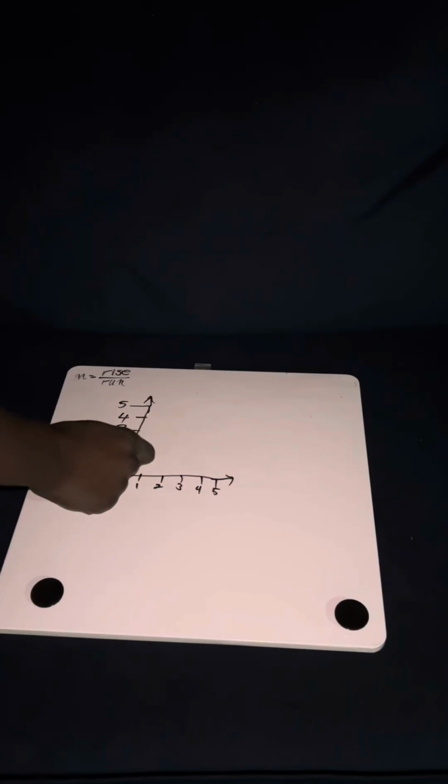So now it's time to learn how to use the slope to graph a line. By doing that, you plot the y-intercept. Let's say the y-intercept is somewhere here. The numerator will represent the rise, and the denominator will represent the run.